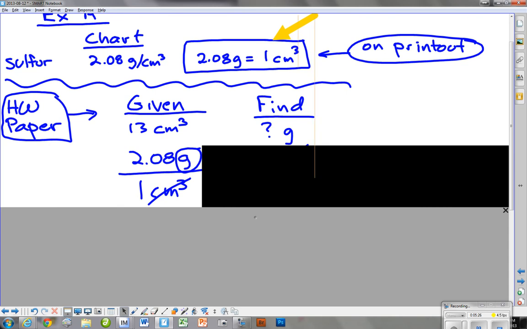I was pointing to this ratio. So, we're not going to be putting the given on this fraction, ever. This is the ratio that we call density, which is a mass. How much mass equals how many cubic centimeters? Okay? All right. Now, what is the next fraction going to be, Gavin?